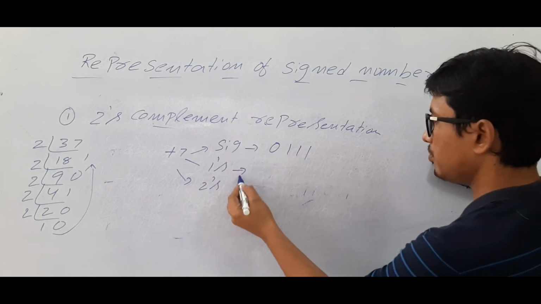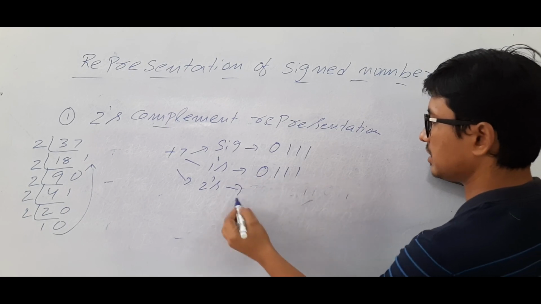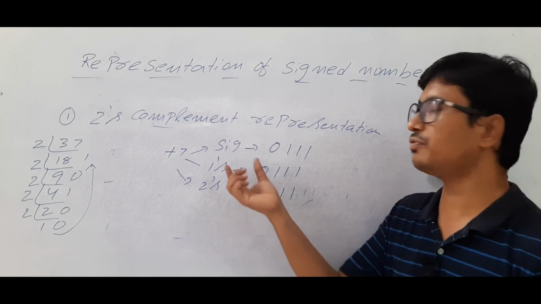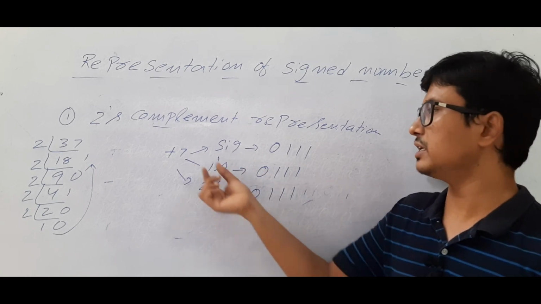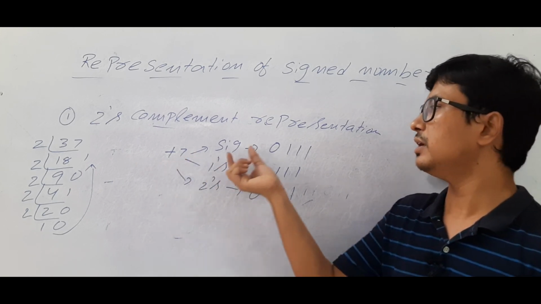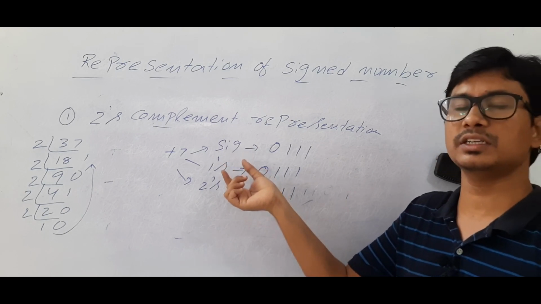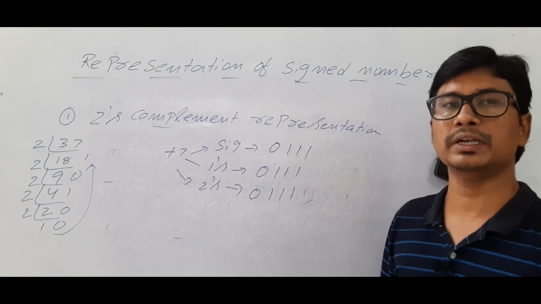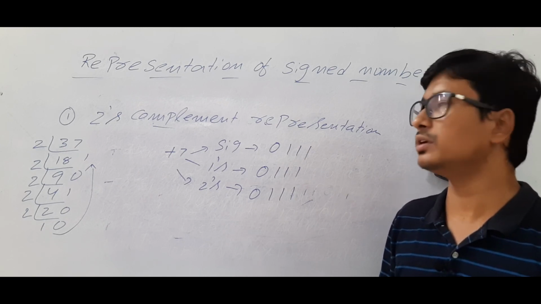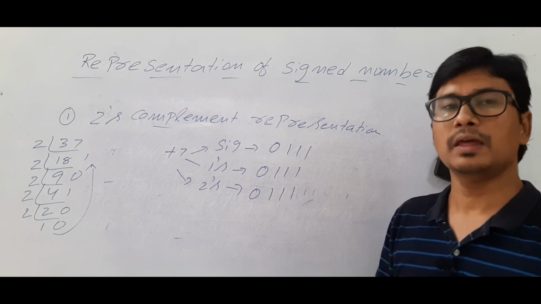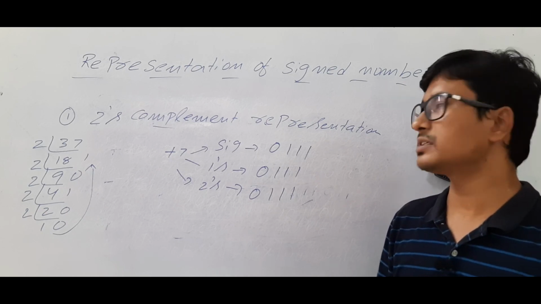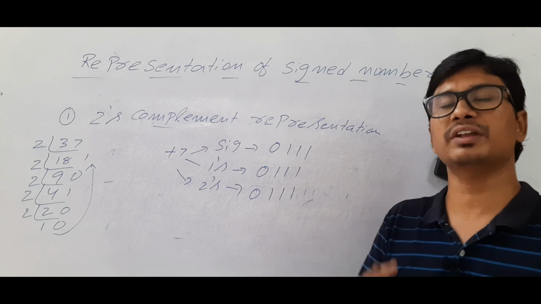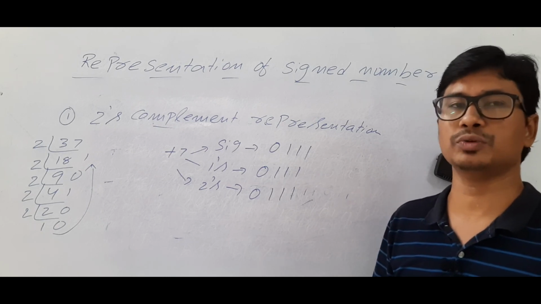In ones complement, same way, and even in twos complement, the same way. So a positive number will have the same representation in sign magnitude, ones complement and twos complement. I hope you have understood how to represent sign magnitude, ones complement and twos complement for a negative number and positive number.